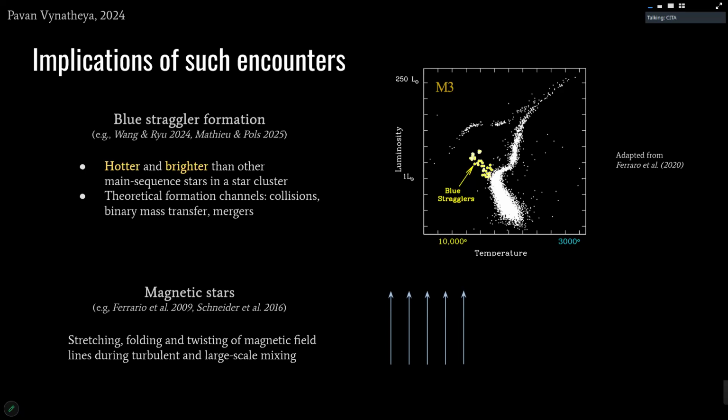This is just an illustration. A field like this could eventually become very twisted, and when there's a high density of field lines, there can also be reconnection. So the magnetic field strength in the long term is a much more difficult problem to deal with than in the short term.